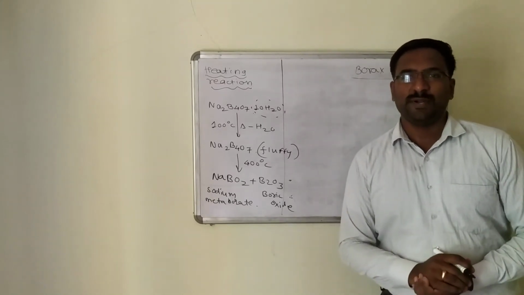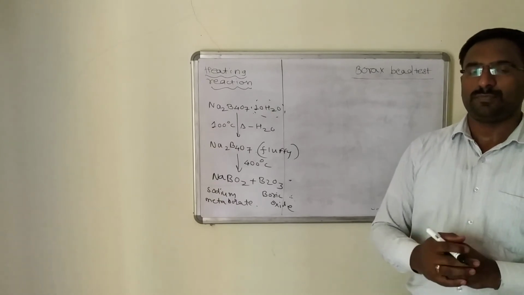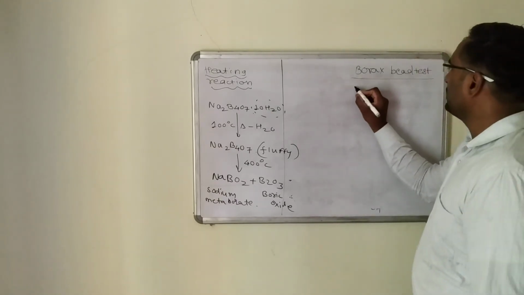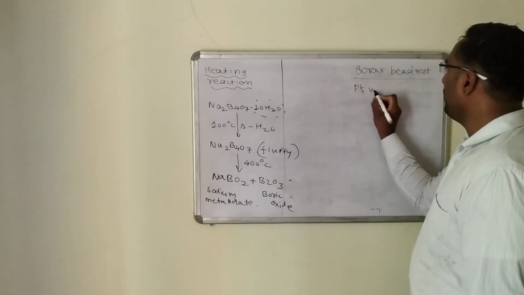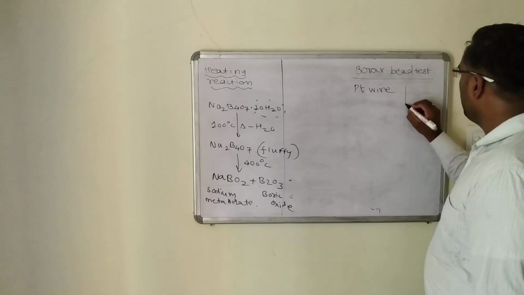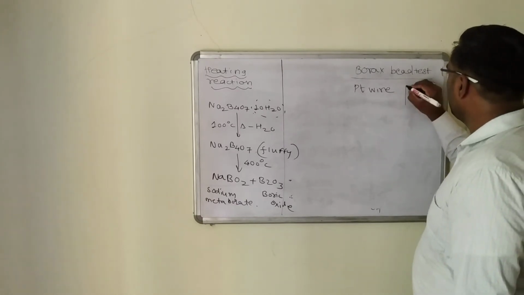In this borax bead test, we know that it requires a platinum wire. Platinum wire is required. This is a platinum loop.